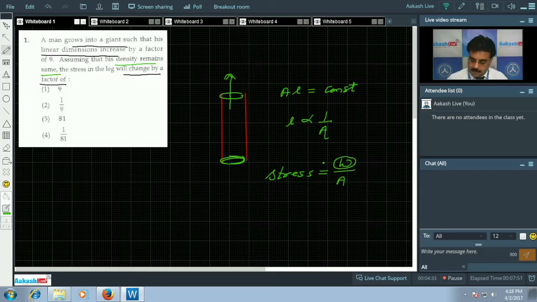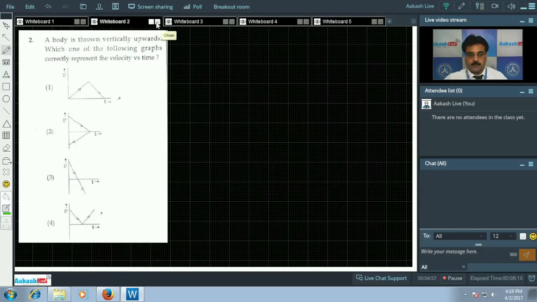So stress is inversely proportional to A, and area of the cross section is inversely proportional to length. So we can conclude, because the question says the linear dimension increases by factor 9, my option is 1. Okay, so now we will move to question number 2.